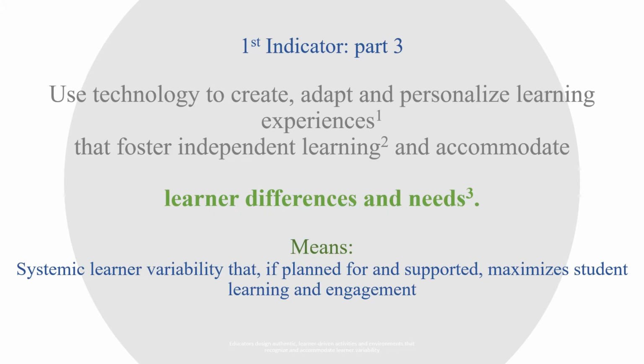Now let's consider the third part of the first indicator, which reads accommodate learner differences and needs. This means a systemic learner variability that, if planned for and supported, maximizes student learning and engagement. Now, what does it mean for systemic learner variability?